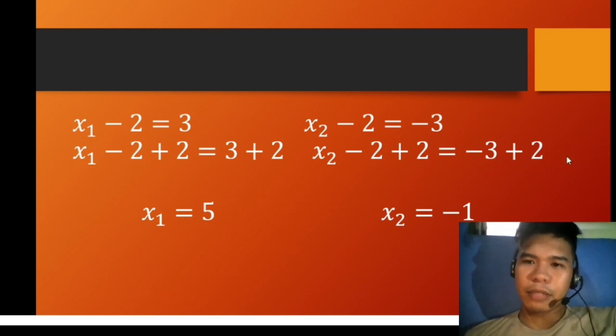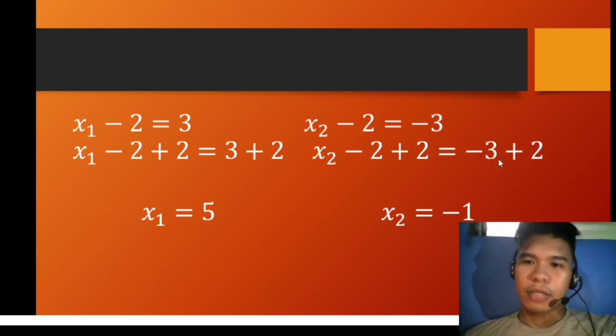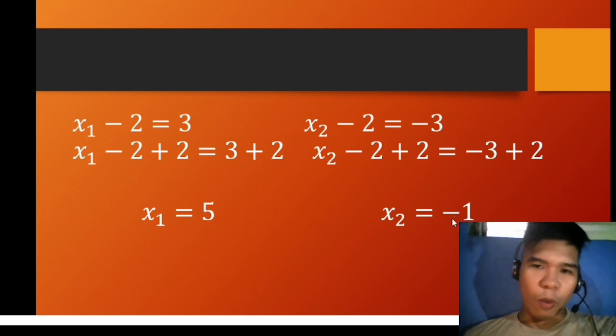Negative 3 plus 2 here, since they have different signs, you subtract. So 3 minus 2 is 1. And then you copy the sign of the larger number, which is 3. So the sign of the larger number is negative. So the answer is negative 1.